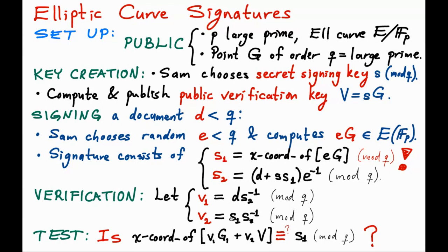And the second part is V2, which is S1 over S2. And the test is whether the X coordinate of V1 G plus V2 times the verification key V is congruent to S1 modulo Q. And this is, again, very similar to the way this was done in ElGamal.